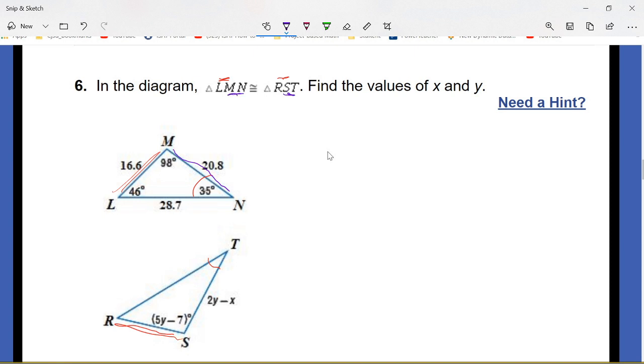MN corresponds to ST. So there's my first equation I can write: MN equals ST. So 2y minus x equals 20.8. I can't solve this right now because I just have a y and an x.